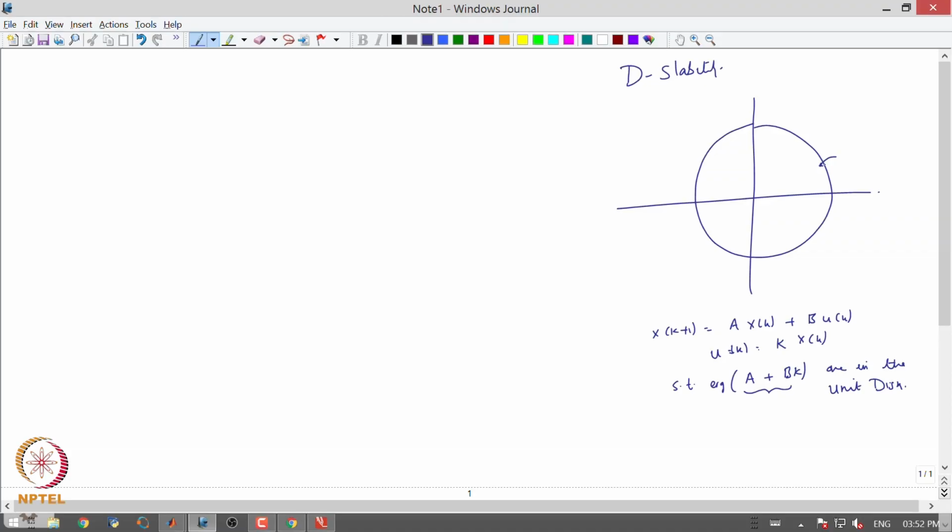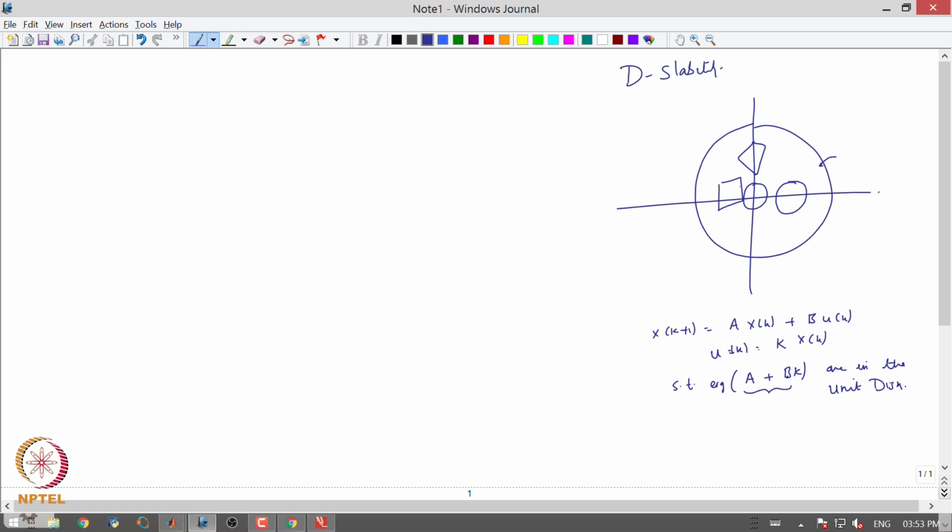So maybe I want my poles to lie within this region here, or some region like this, or there are several possibilities, or say I just want my poles to lie within a circle of radius 0.1 instead of 1.